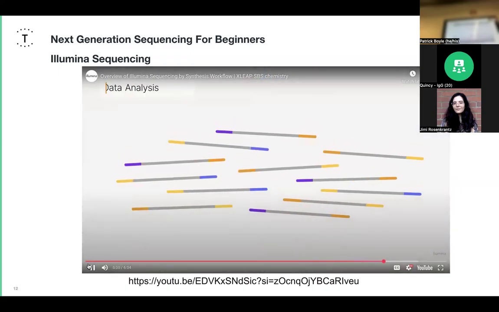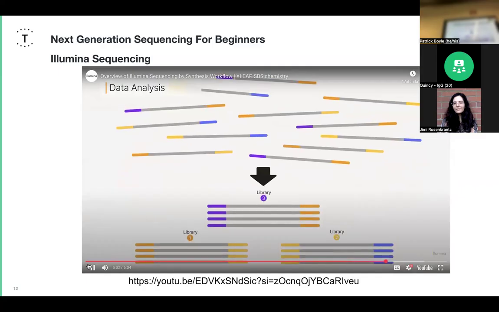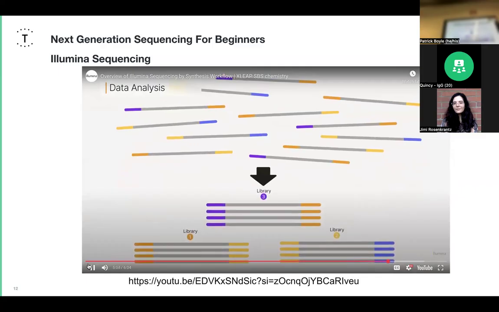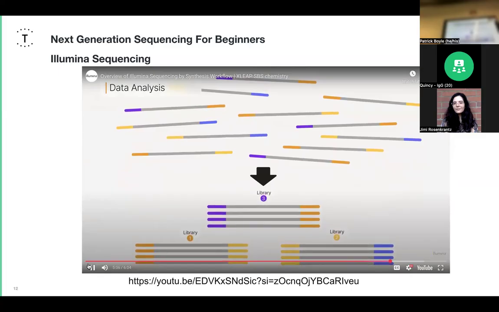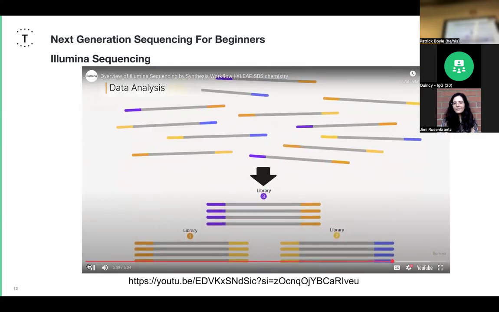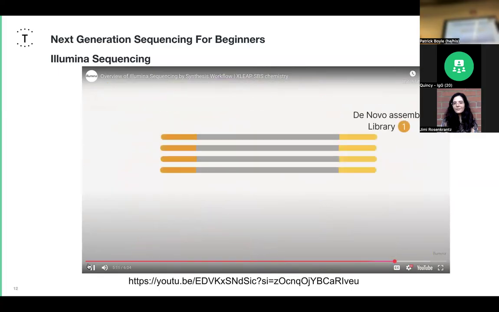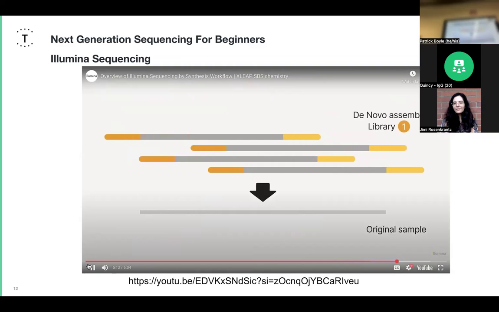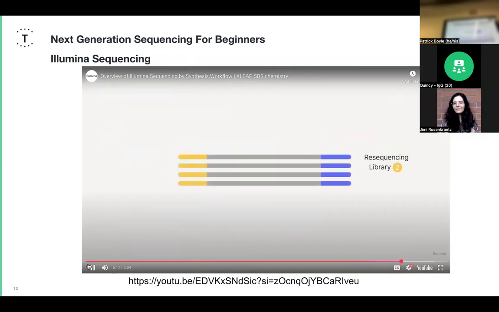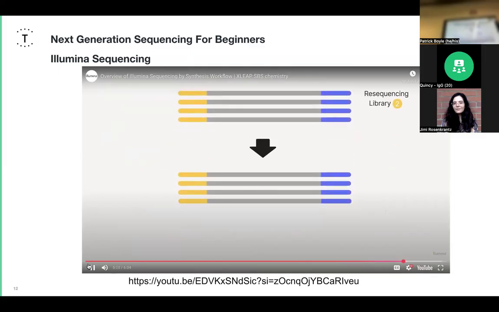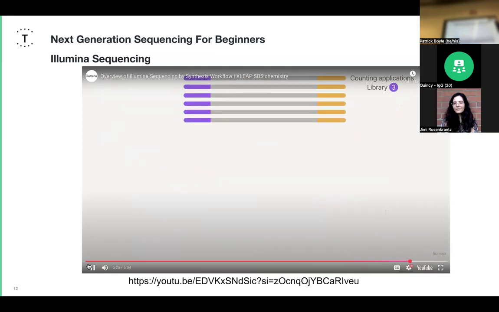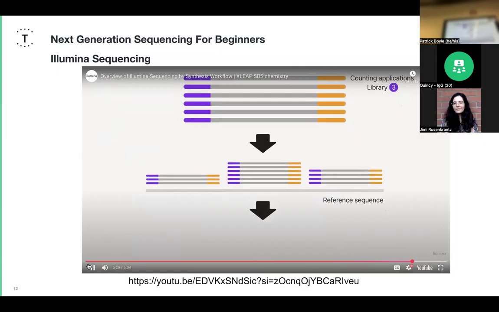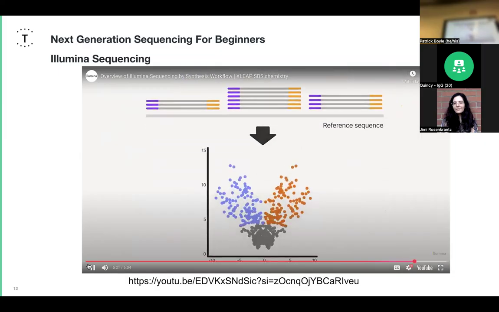Sequences from pooled libraries are separated based on the unique indexes introduced during the library preparation. Based on the library preparation and chosen sequencing application, downstream processes can either assemble sequences to reconstruct the original sample without the need of a reference sequence, map and align sequences to a reference genome to identify regions that differ from the reference genome and detect variations, or count molecules via sequencing reads to assess abundance in gene expression RNA.